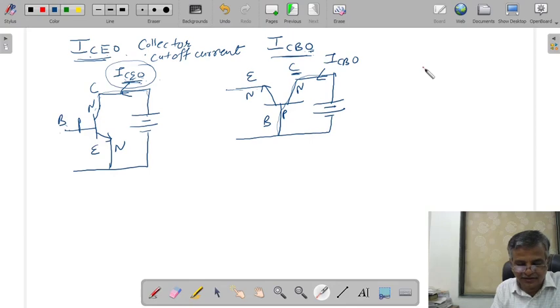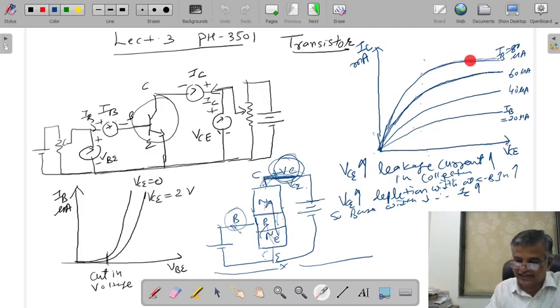Here the reverse leakage current flows from collector to base when the emitter is open. So this is due to this current. Here you are getting a slight increase as Vc increases.